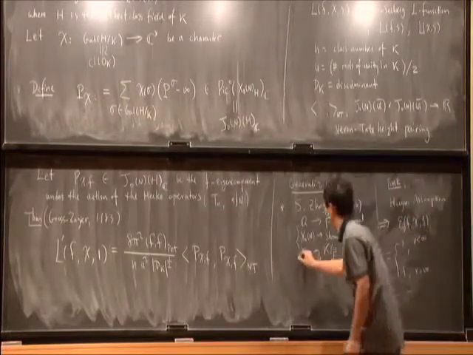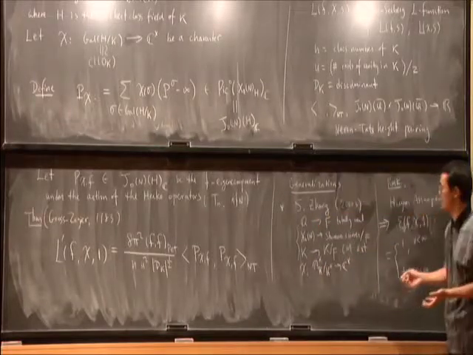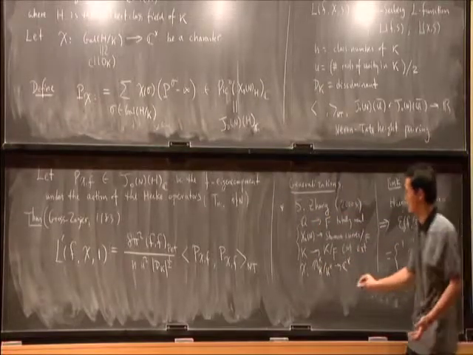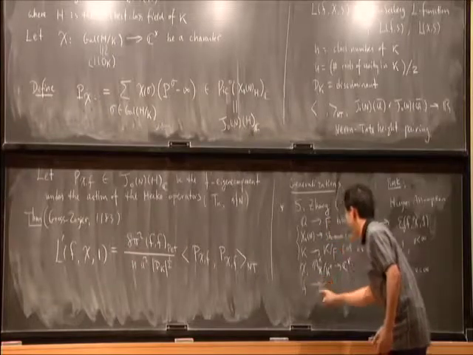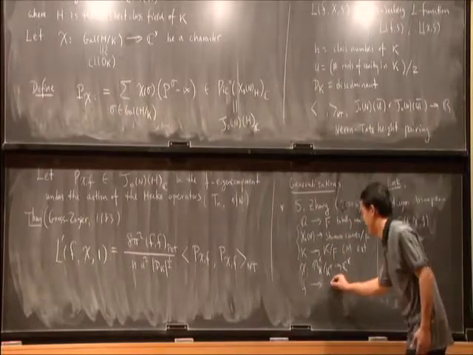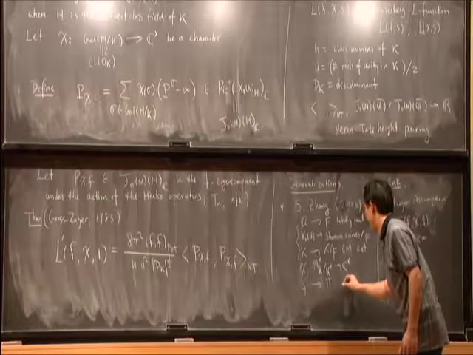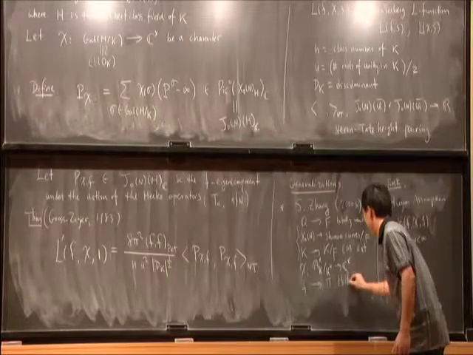Then under one assumption, the conductors here should be coprime to each other. So this F, the most important thing, becomes some pi, just like a Hilbert modular form.